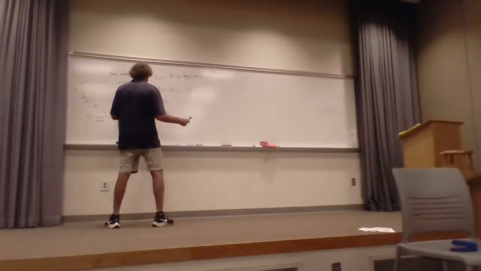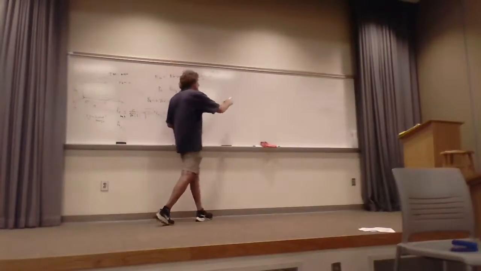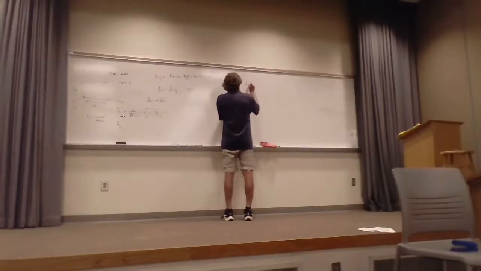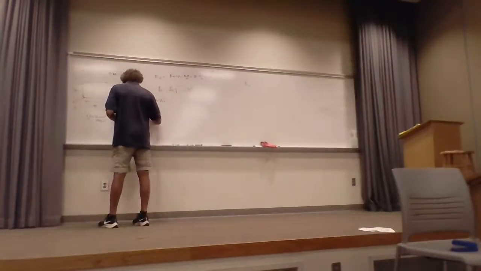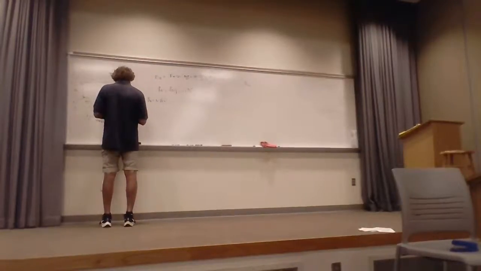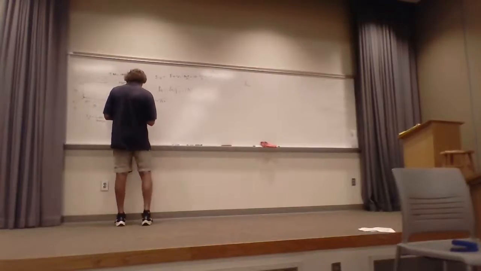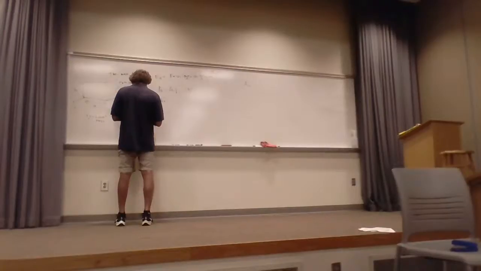And I didn't put this down here, but the cutoff frequencies, let me put it up here. In general, the cutoff frequencies, FC, M, N. Oh, I'm sorry. This is not the cutoff frequency. This is my bad. Let me put this down here. Cutoff frequencies are going to be equal to C over 2 square root of epsilon relative, times the square root of (M over A) squared plus (N over B) squared.